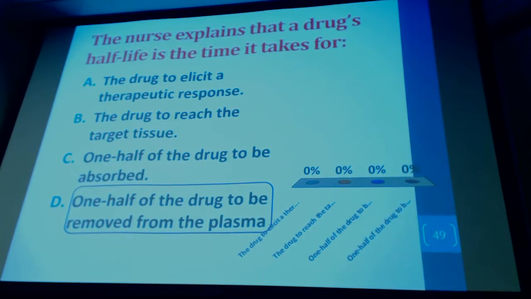Some drugs have a long half-life, some have a short half-life. Again, you do not need to memorize half-life, although you're going to see it in books like this that you're going to take to clinical. It's going to give you a lot of information that's nice to know, but you do not need.